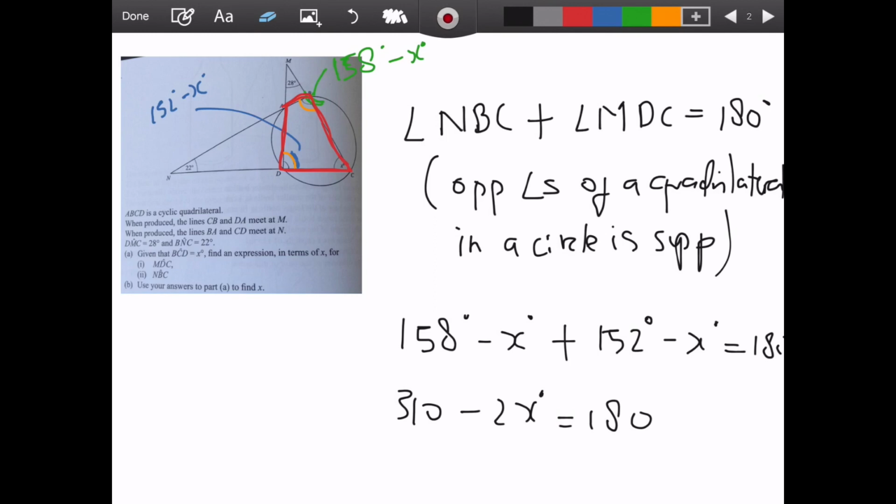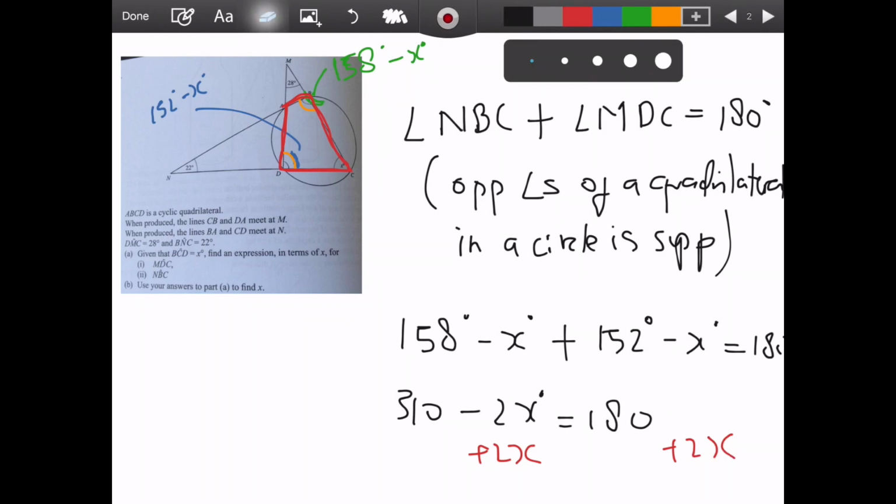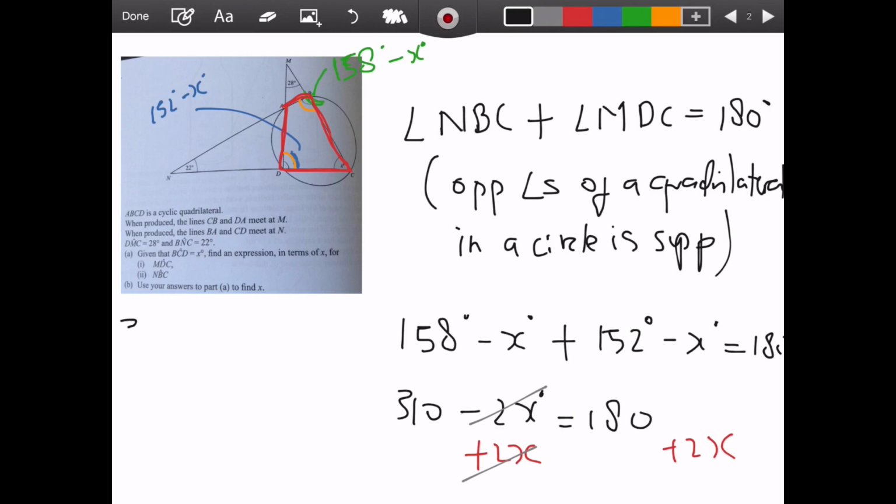Okay, let's do it one by one. Over here, you want to move the 2x to the other side, so you just plus 2x on the left hand side and the right hand side. So 310 minus 2x plus 2x, it cancels, so 310 is equal to 180 plus 2x, right?